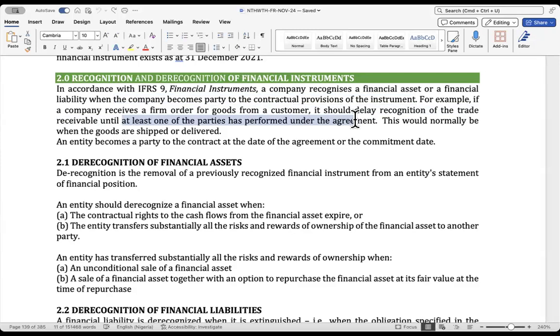So that is that for recognition. They can ask this for 2 marks. That was the recognition criteria for financial instruments. Whether you have a financial asset or a financial liability, you recognize it when you become a party to the contract.